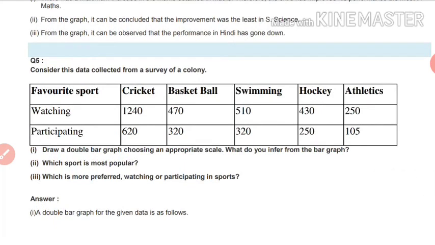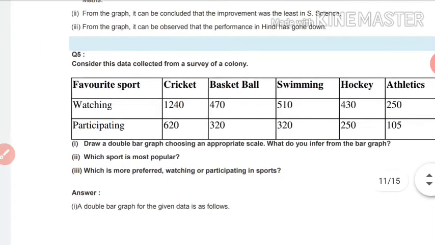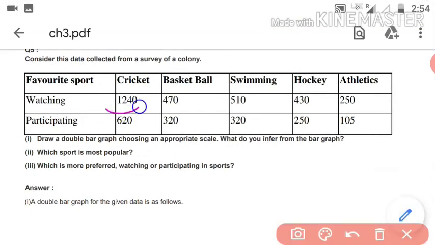Now come to question number 5. Consider this data collection from a survey of a colony. Favorite sport: cricket, basketball, swimming, hockey and athletics. For watching, how many students like? 1240.